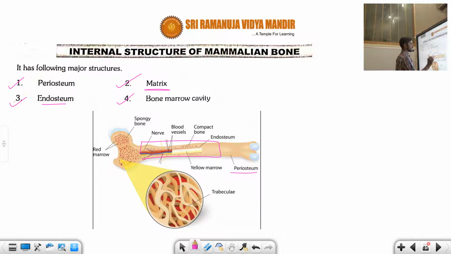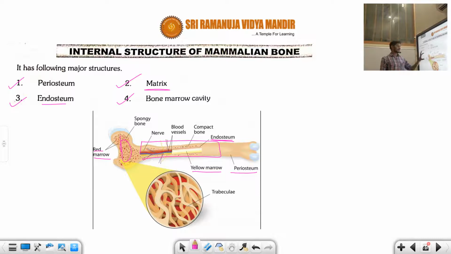Below the compact bone we find the endosteum, the inner layer of the bone. In the endosteum we observe yellow bone marrow. At the same time the soft, spongy part represents the red bone marrow. So in one bone we can observe two types of bone marrow.